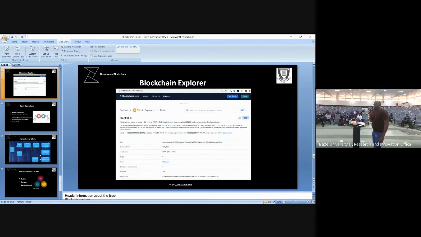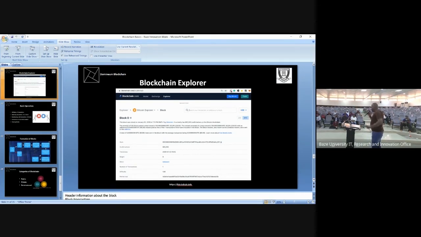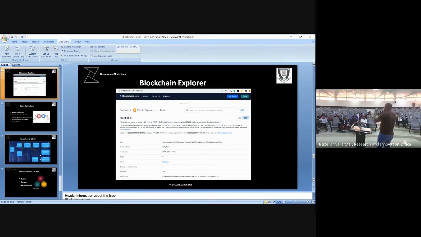All right, next slide. Okay, this is interesting. I just brought that up for us to see what we call block zero. In the Bitcoin blockchain, block zero is the first one that Satoshi Nakamoto did by himself. So when you go back on your own and look at the blockchain, you see different blocks. You can say 5,000, 6,000.